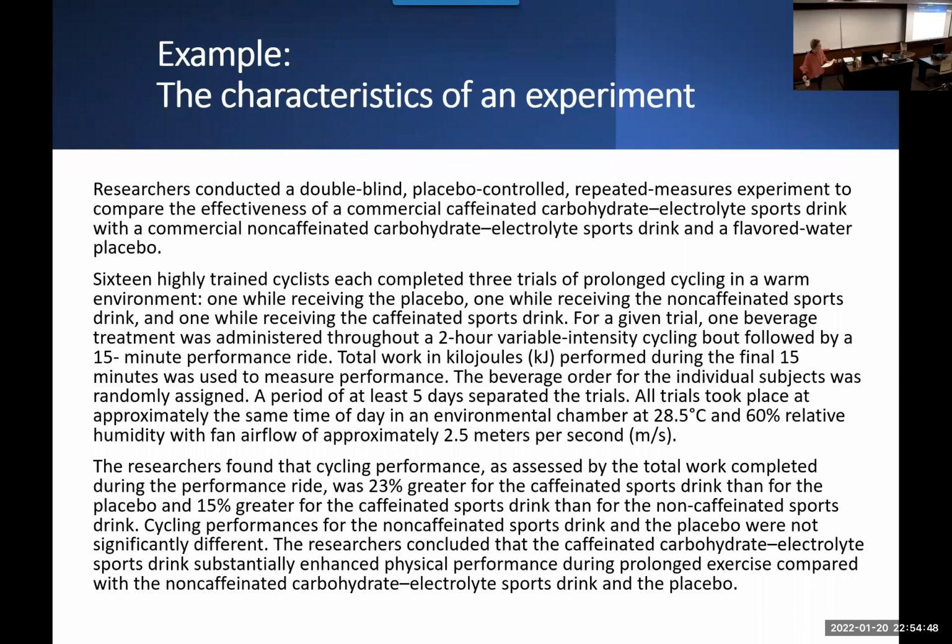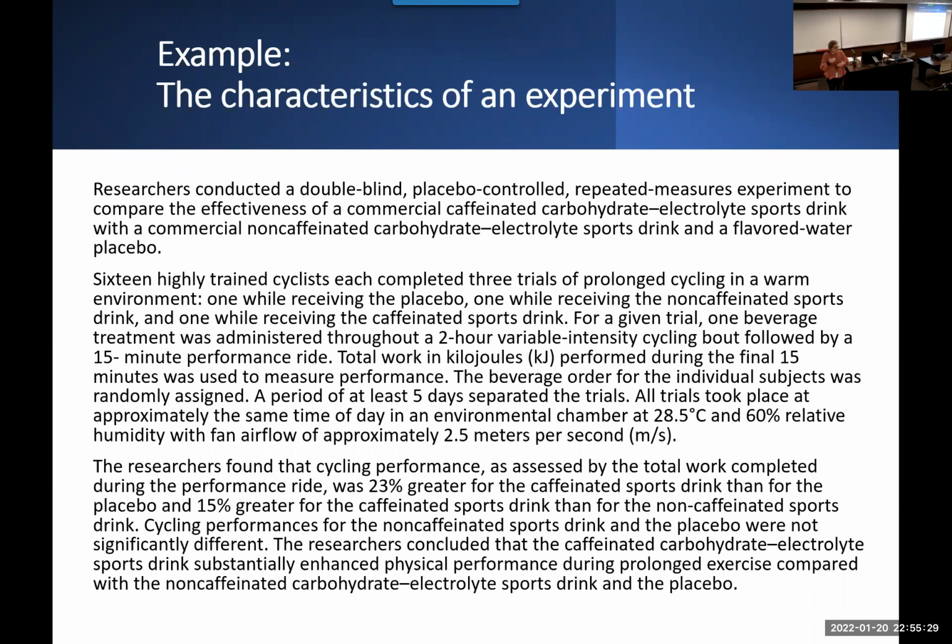Now, notice also in here, in the middle of the second paragraph, it says the beverage order for the individual subjects was randomly assigned. So remember how we said that it's double blind, nobody knows who's getting what. The other thing that they do with randomization, generally to try to keep it fair and lessen the bias, is for each athlete, you just randomly pick which one they're getting, right?